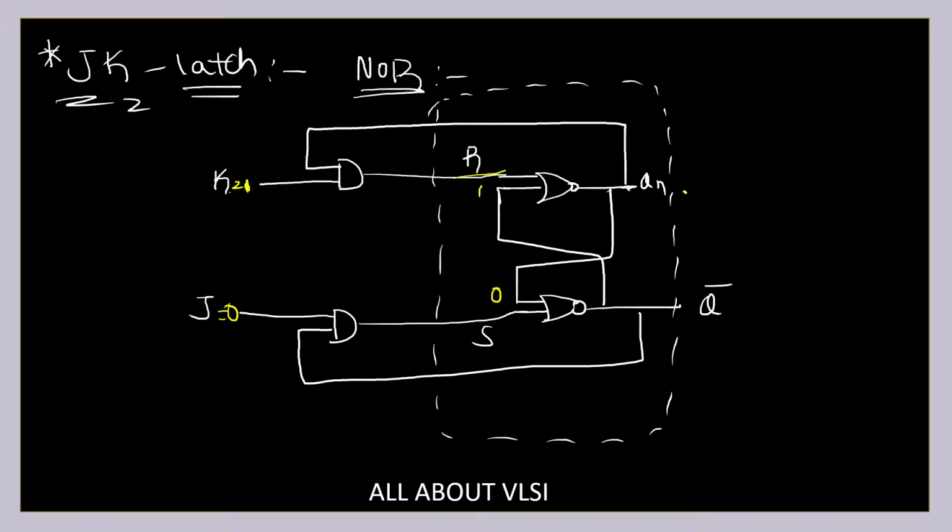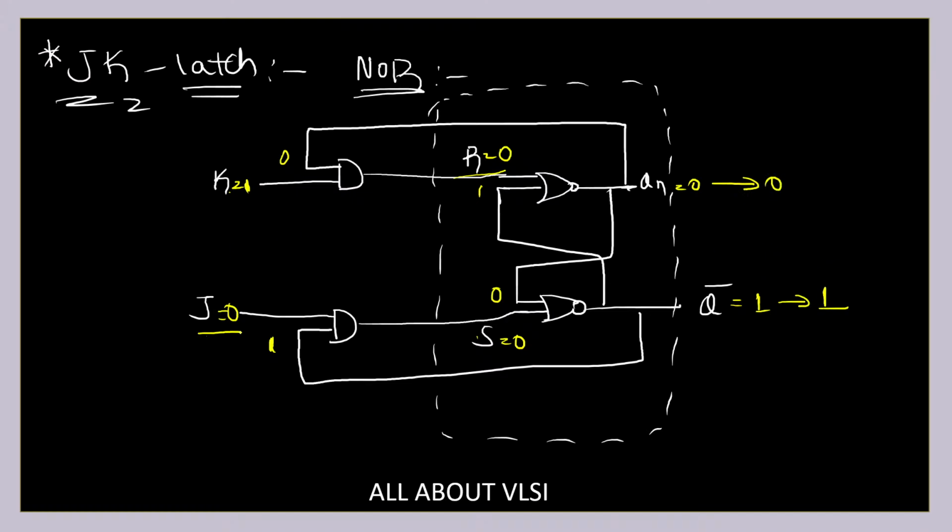And let's say Qn is equal to 0 and its complement is equal to 1. So here we are going to get 0 and here we are going to get 1. So the output of this gate is equal to 0 and the output of this gate is also equal to 0. So S is equal to 0, R is equal to 0. We already know it's a hold condition. So Qn will be 0 and Qn complement will be equal to 1.